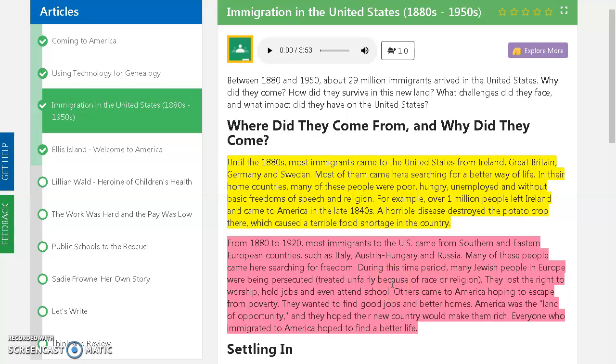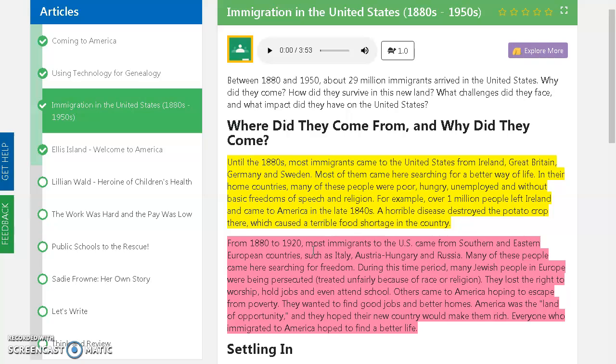Again, under the same section on your test, it says, which sentence below best explains the reasons why people immigrated to the United States between the 1800s and 1950s? So this is kind of the same answer. Between the 1800s and 1950s, most immigrants came to the U.S. searching for a better way of life.